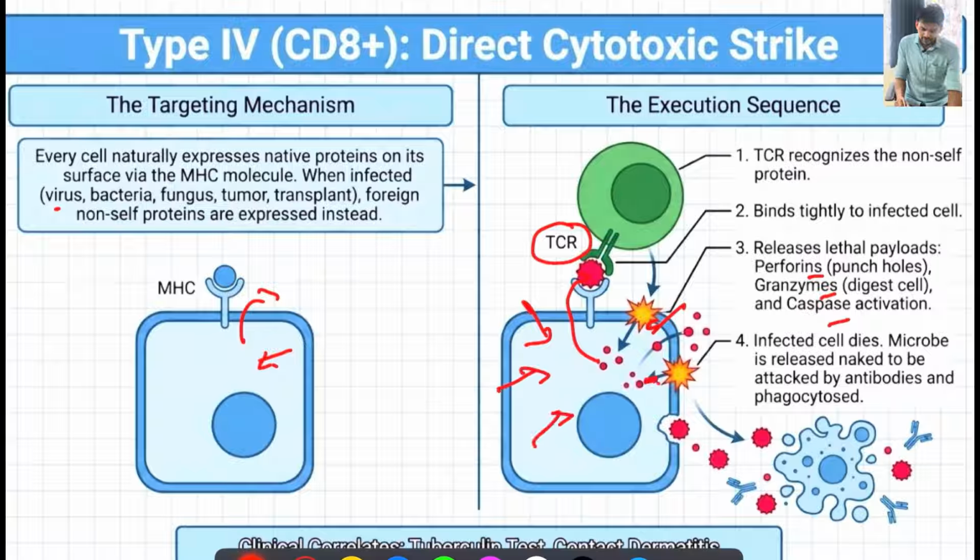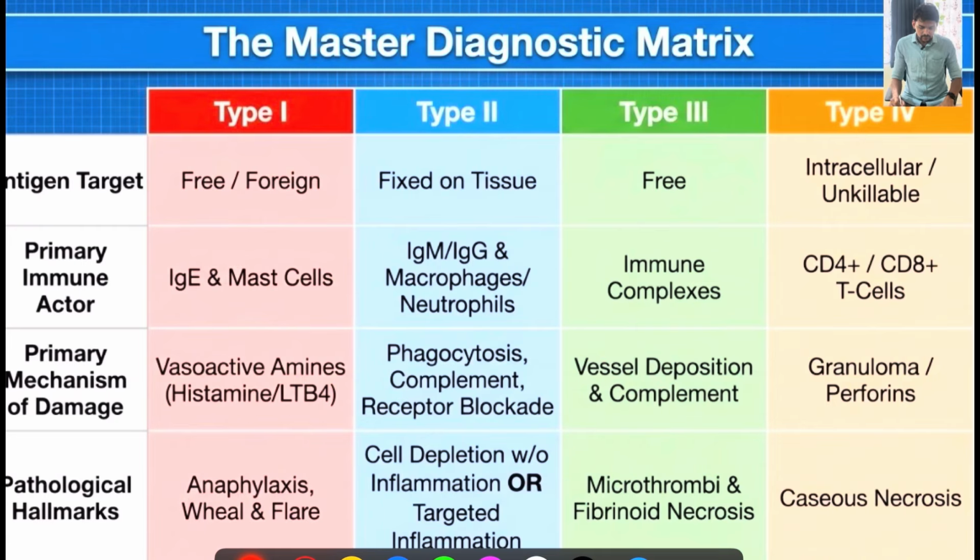Along with the destruction of this particular cell, they make the antigen come out so that it is phagocytized and the antibodies attack that antigen. This is the complete destruction of the cell, and it is very precise. So the hallmark chemicals involved in this type of reaction are perforins, granzymes and caspase activations. What are the examples of type 4 hypersensitivity reaction? Tuberculin test and contact dermatitis.